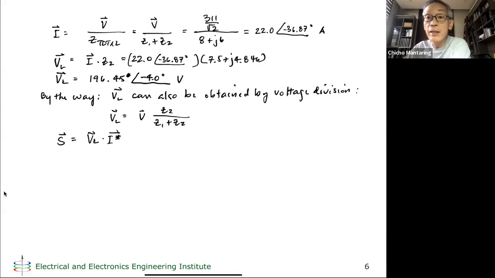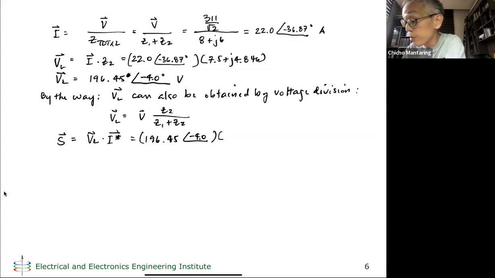Either you make the imaginary part negative or you make the angle negative. So my voltage is 196.45 at an angle minus 4.0 degrees. And the conjugate of my current, this minus 36.87 will become positive. So this is now 22.0 at an angle 36.87. That's the conjugate.